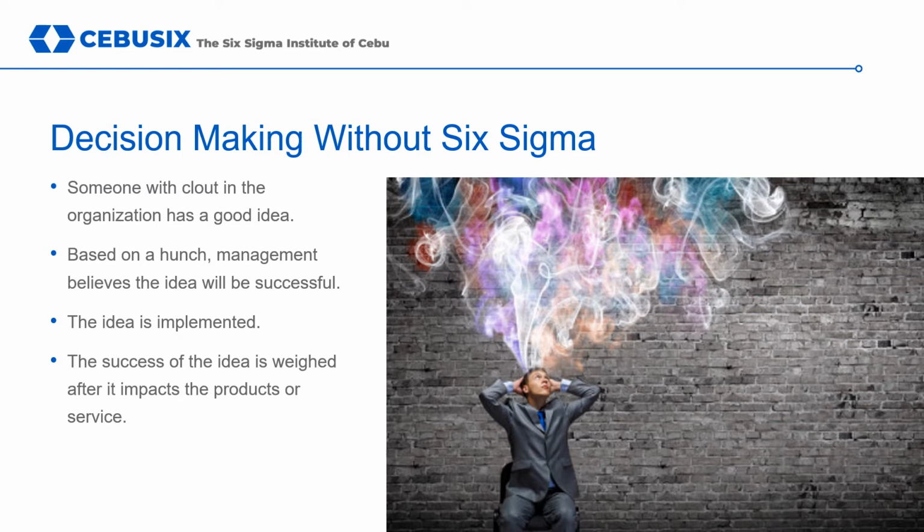So the idea gets implemented. Sometimes an organization will implement that idea in beta mode so that the expenses and risks are minimized. The determination of whether the idea will be successful is made after it is actually implemented. As a result, any problems with the idea can only be addressed after they impact the product or process.